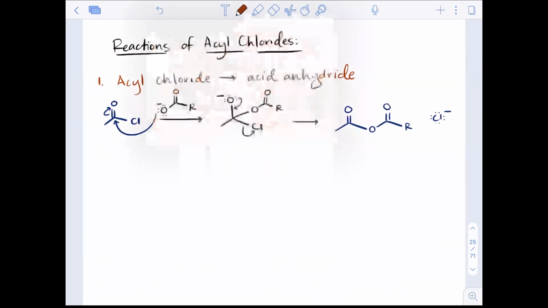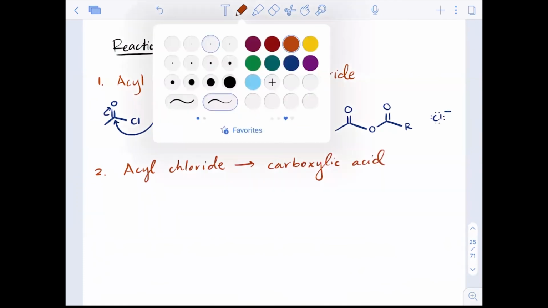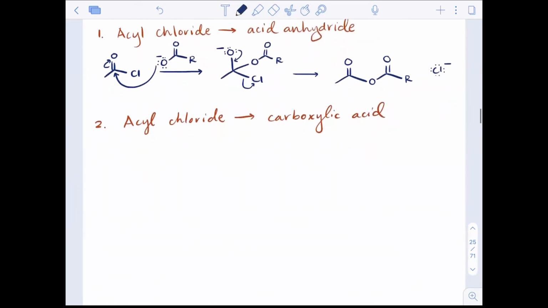Second reaction, acyl chloride to a carboxylic acid. What we need for this reaction, which I'm going to use the exact same acyl chloride, is water and pyridine.